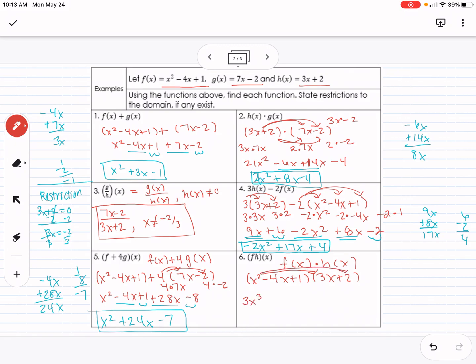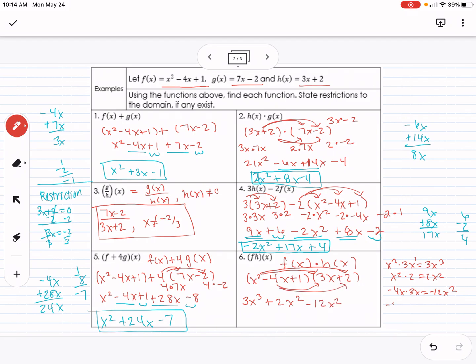X squared times 2 would be 2x squared. Then negative 4x times 3x is equal to negative 12x squared.